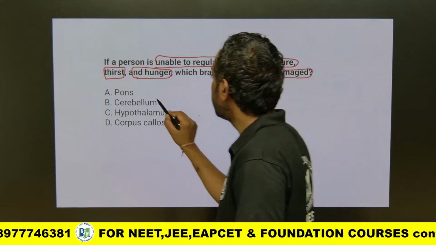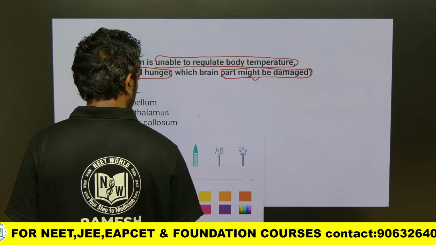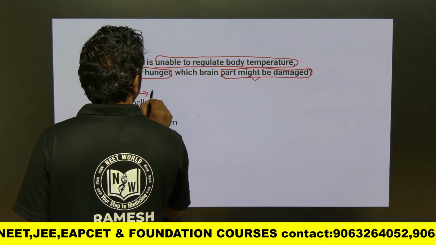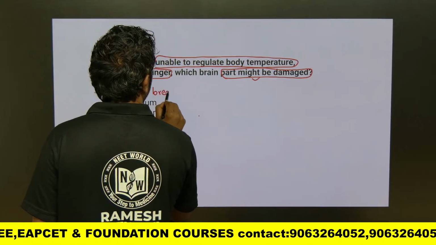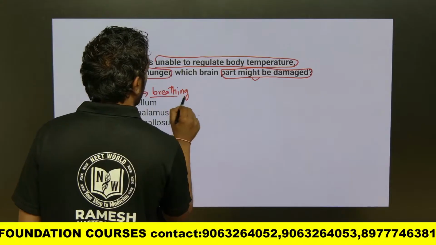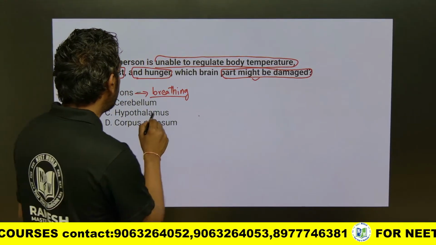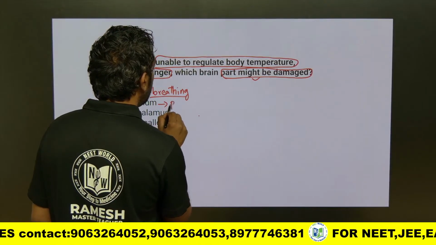If the pons is damaged, there is a breathing problem, breathing control. Cerebellum is for posture and balancing.